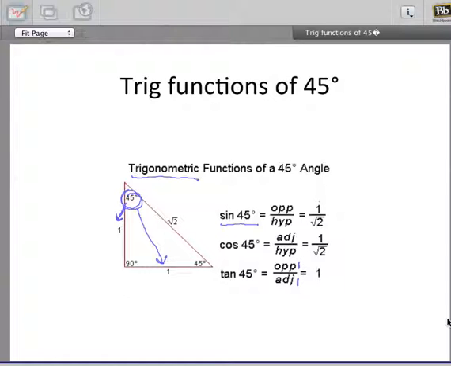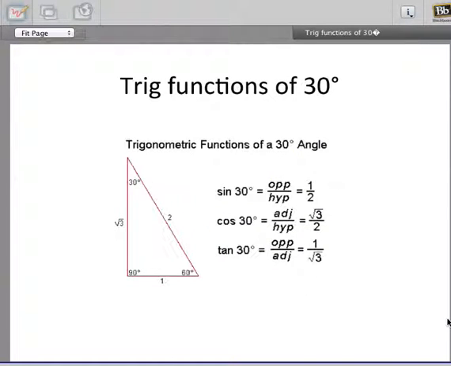So that's why 1 over 1. So if I wanted to label my sides from this angle, this one is opposite, this one is adjacent, and this is hypotenuse. So that's how we get our ratios. 1 over radical 2 is sine, because it's S over H. Cosine is A over H. Tangent is O over A.